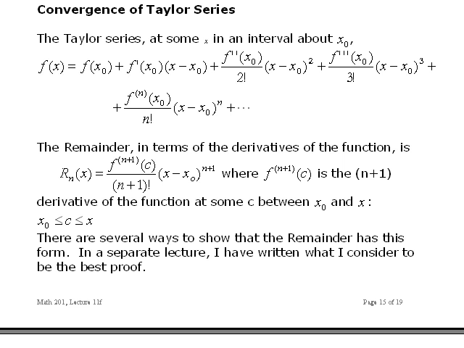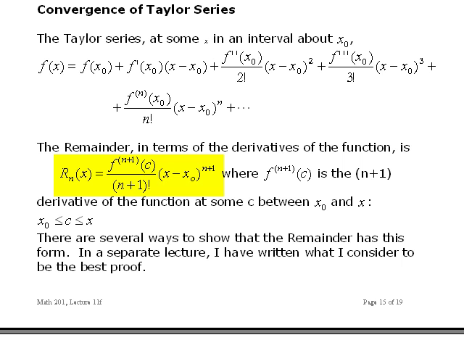So here's the Taylor series evaluated at some x in an interval about x naught. I'm just going to write out the Taylor series again. The remainder, in terms of the derivative of the function, is written like this. There's another lecture in which I derive this. But this is what the remainder is when I work it out.